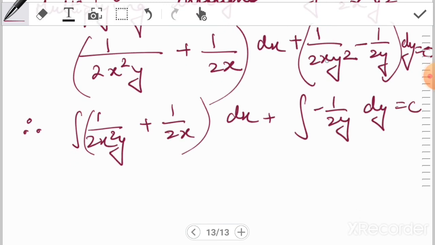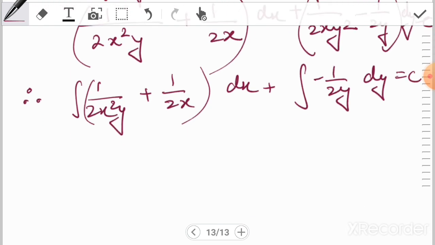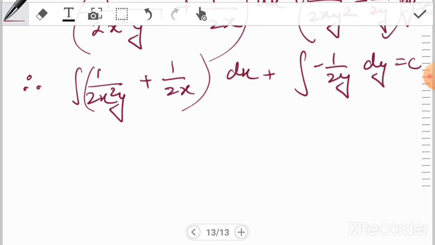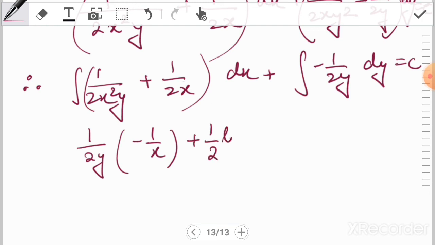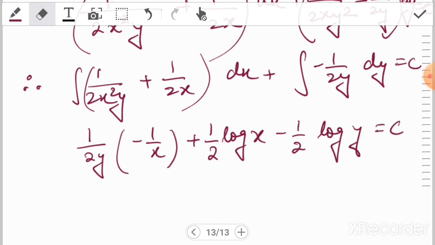Because the other term contains x, we are omitting it. Integrating, this gives minus 1 by 2xy plus 1 by 2 log of x, and for this minus 1 by 2 log of y is equal to c. So this is the required solution.